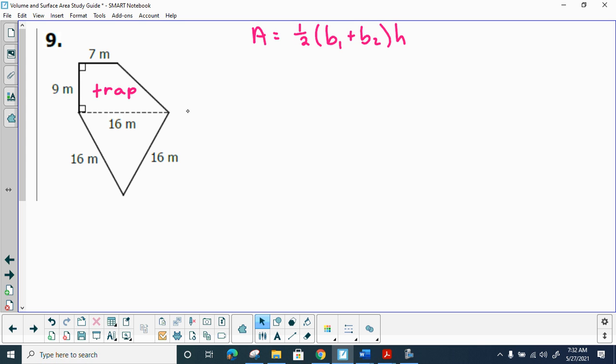And the height has to be perpendicular to the bases, which we have these perpendicular right angle symbols. So we have a height that's perpendicular. We have base 1 and we have a base 2. So we've got everything we need for the trapezoid.